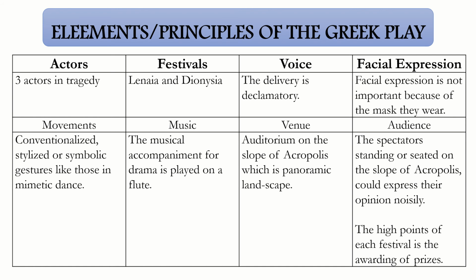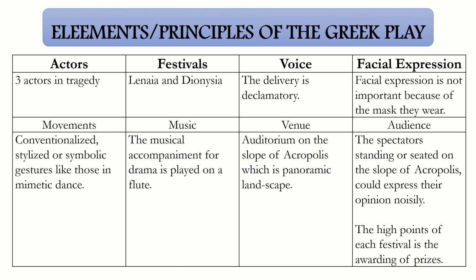Let's now discuss the elements and principles of the Greek play. Actors. Three actors in tragedy. Festivals, Lenaea and Genetia. Voice, the delivery is declamatory. Facial expression is not important because of the mask they wear. Movements. Conventionalized, stylized, or symbolic gestures like those in mimetic dance.